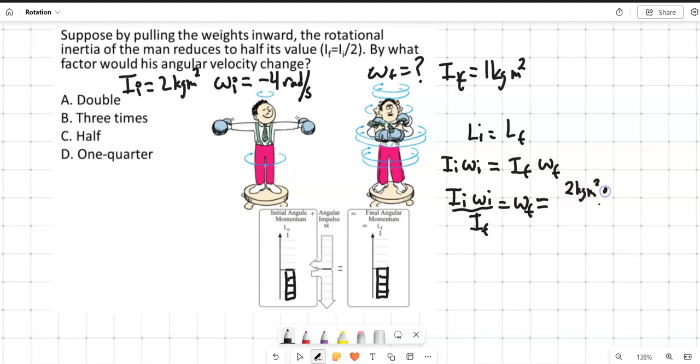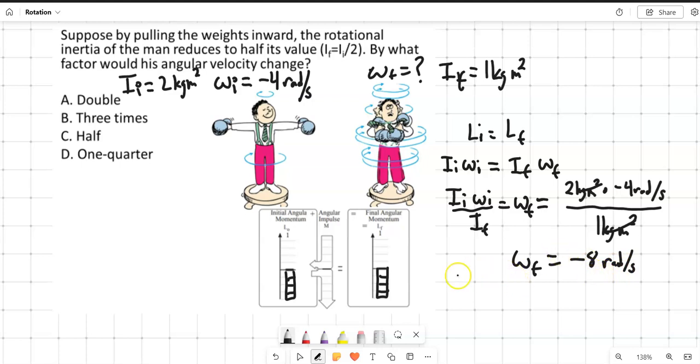We're going to multiply this by the negative 4 radians per second, and now we're going to divide that by 1 kilogram meter squared. When we multiply that all out, our units cancel out, and this works out to be negative 8 radians per second.